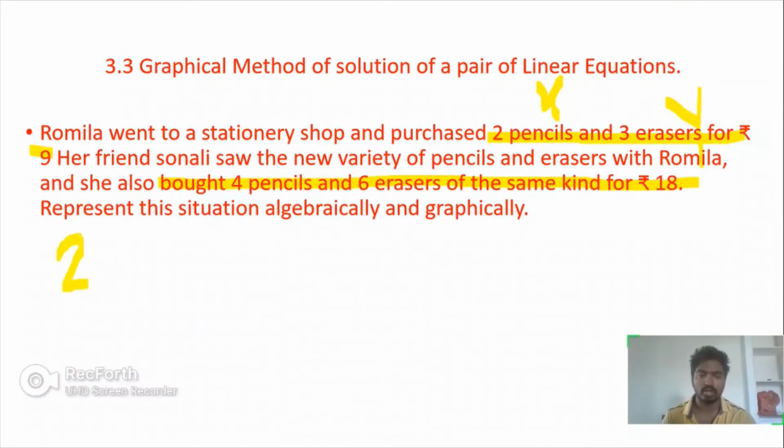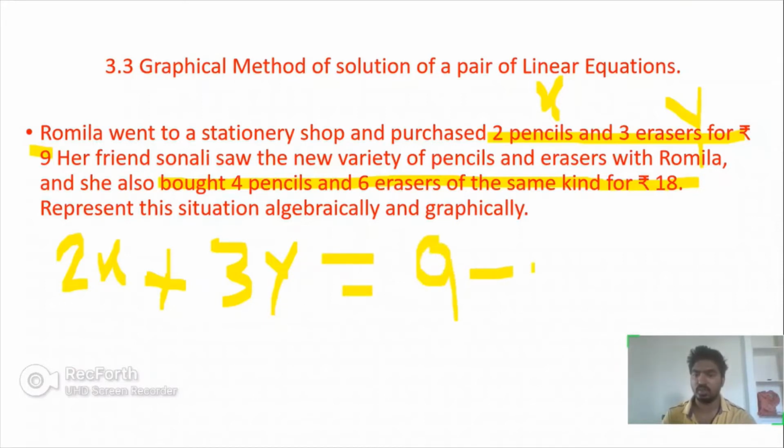So that is 2 into the cost of a pencil, x, plus 3 into the cost of each eraser, y. So 2x plus 3y equals 9. This is considered as equation 1.